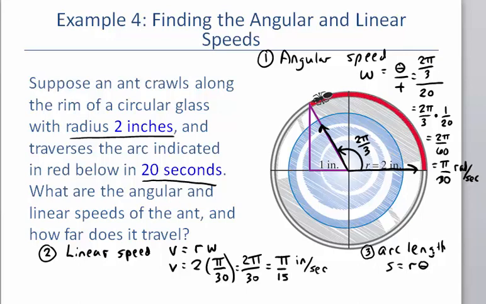And so we know that our radius is 2, and we know that our angle is 2 pi over 3. And so we'll simply plug those in. And multiplying, we get 4 pi over 3, and our distance is in inches.